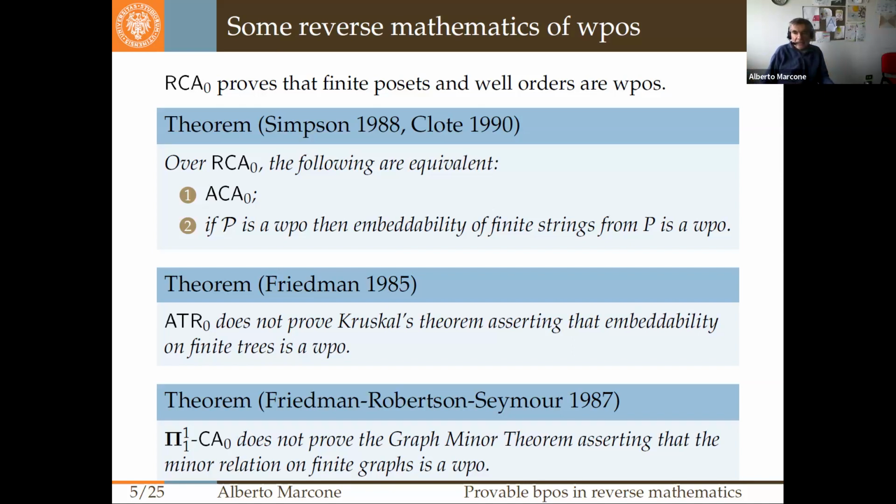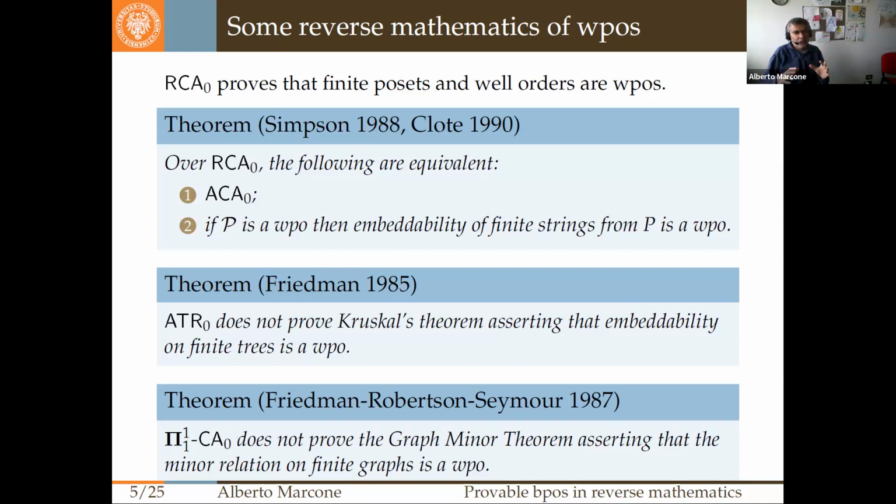And a few years later, Friedman, joining with Robertson and Seymour, proved that pi-1-1 comprehension, so an even stronger theory, is not enough to prove the so-called graph minor theorem. The graph minor theorem is talking about finite graphs and the minor relation, which is a basic relation studied by graph theorists. Robertson and Seymour at the time were actually proving the graph minor theorem. The proof quite famously took, I believe, 23 papers to be written out completely.